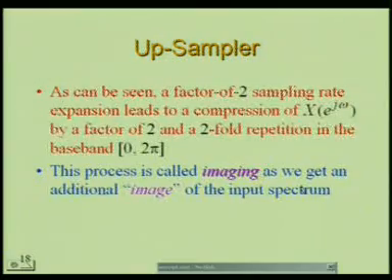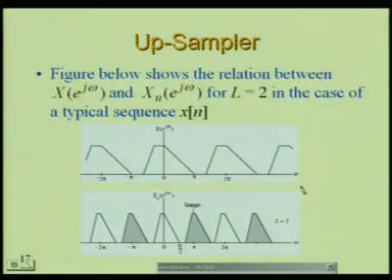Therefore, the frequency response band is 0 to 2π and a factor of 2 sampling rate expansion leads to a compression of X(e^jω), that is the frequency response of the input sequence, by a factor of 2, as we have seen earlier. Here the frequency response is compressed by a factor of 2, therefore, it is a two-fold frequency response.